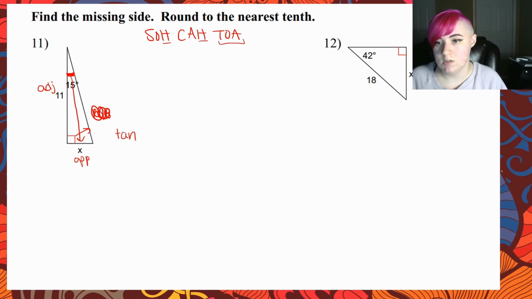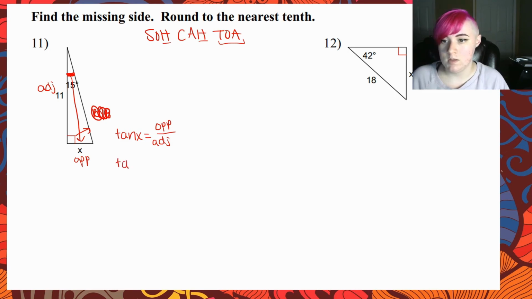So tangent of x is going to be opposite divided by adjacent. So tangent of this angle, 15 degrees specifically, is going to be equal to opposite x, the one we're missing, divided by adjacent, which is 11. We're literally just going to solve for x.